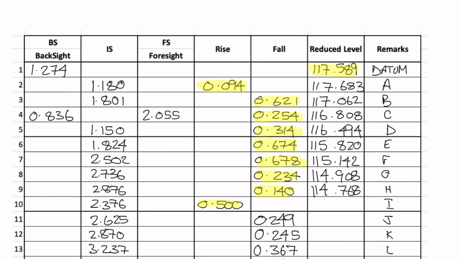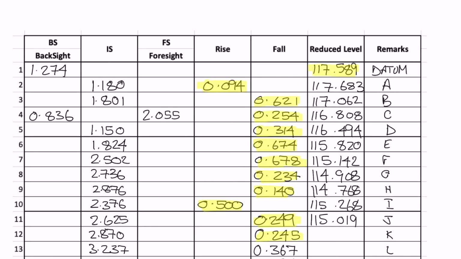Then we have a rise, so we add 0.5 to our current reduced level, 115.268. Then we're back to having a fall, so subtract that value off. 115.019.